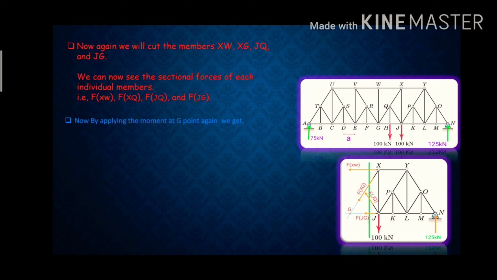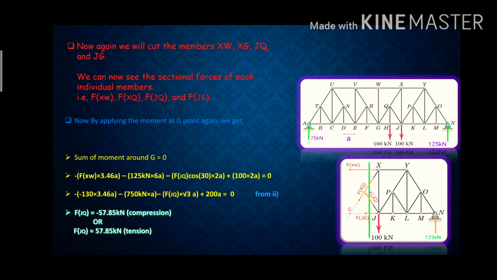Now by applying the moment at point G again, we get the sum of moment around G equal to 0 as it's in static equilibrium. So the forces that will not add up in this moment are F of XQ and F of JG.